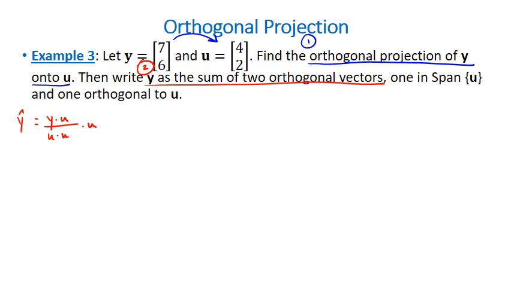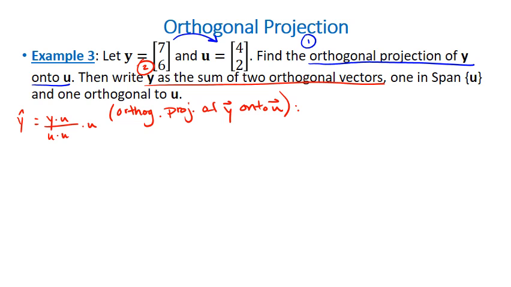Now this here is the projection of y onto u. Sometimes you'll have different variables, so be cautious of that. I'm just going to remind you, this is the orthogonal projection of y onto u.